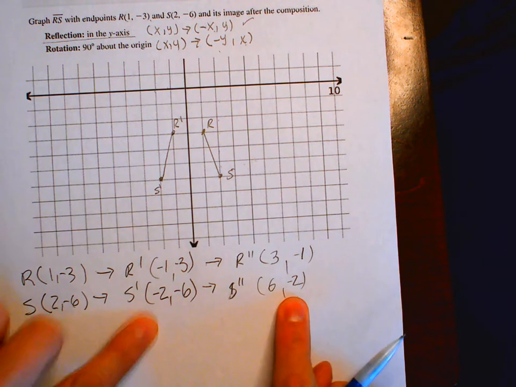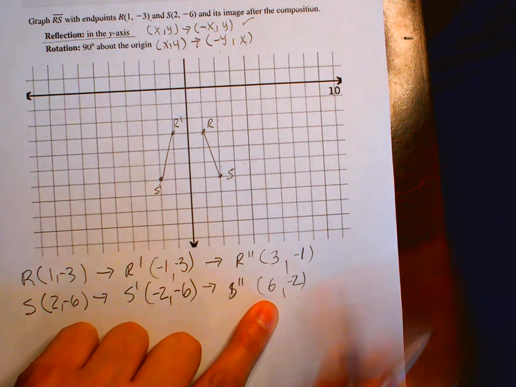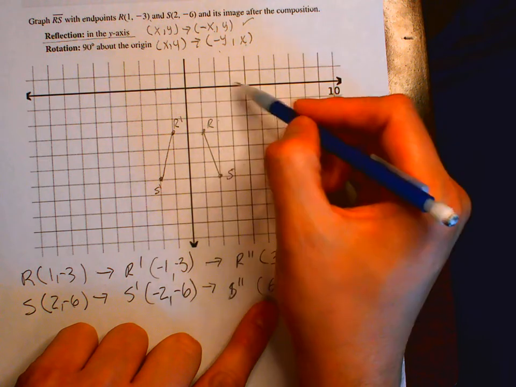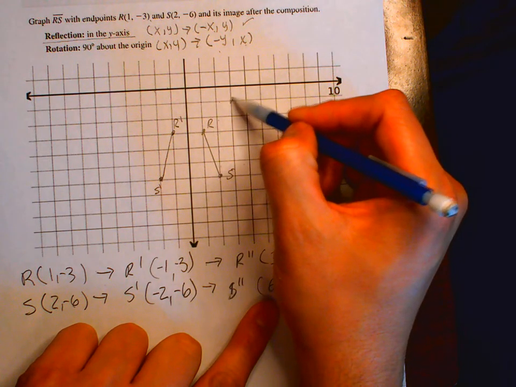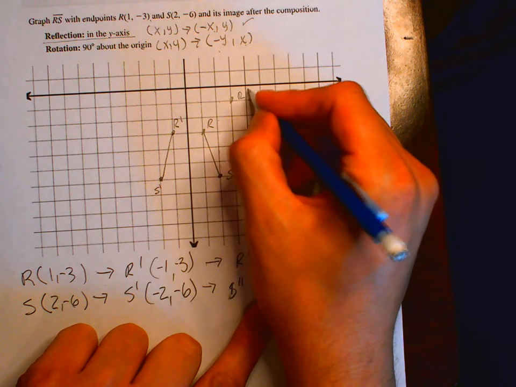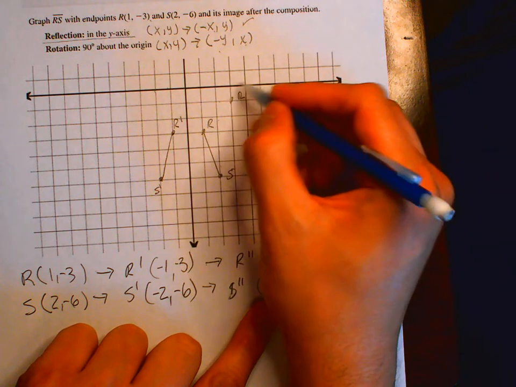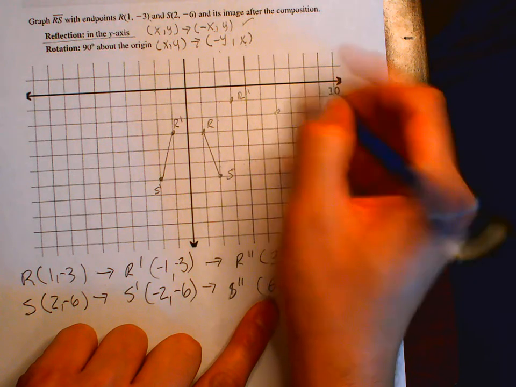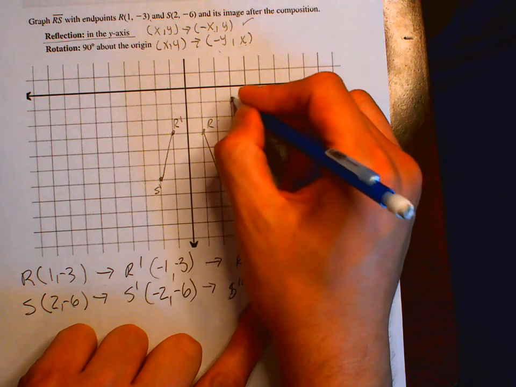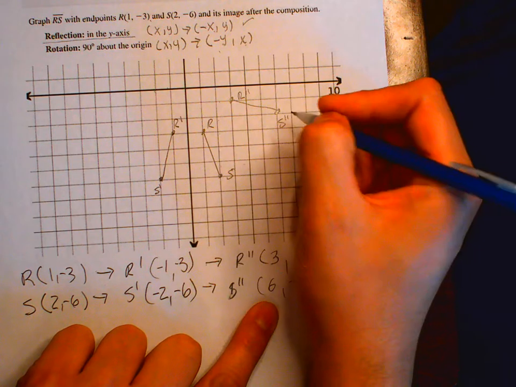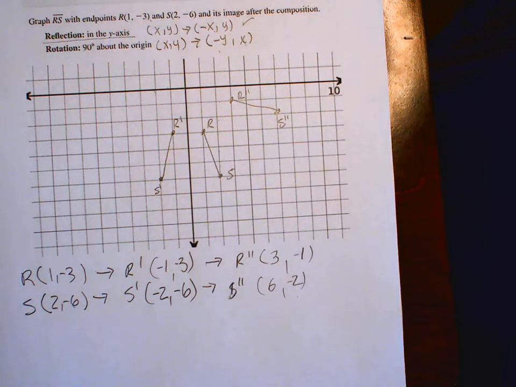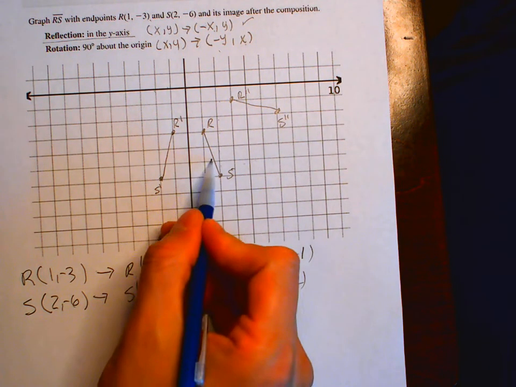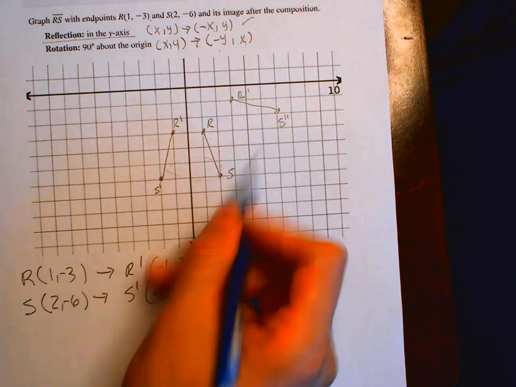Then we graph this one, the rotation. So that's going to be 3, -1. That is R double prime. And then 6, -2, which is S double prime. Boom. All right, so the first one is the reflection followed by the rotation.